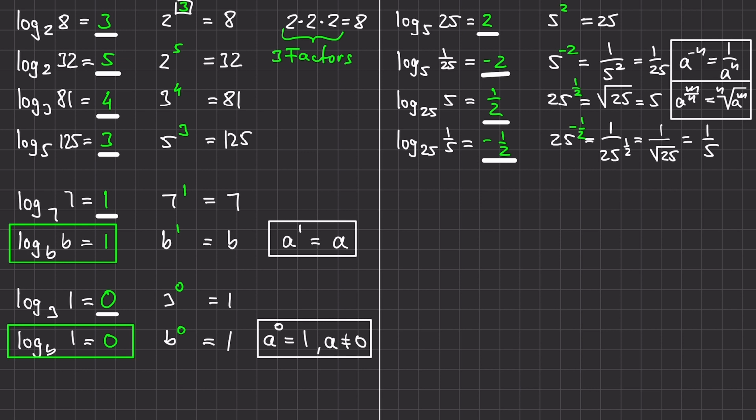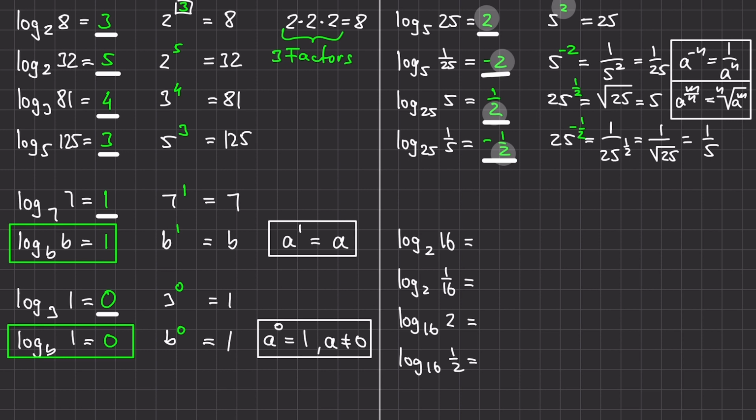Do you see the pattern here? What is log base 2 of 16? Log base 2 of 1 over 16, log base 16 of 2, and log base 16 of 1/2.